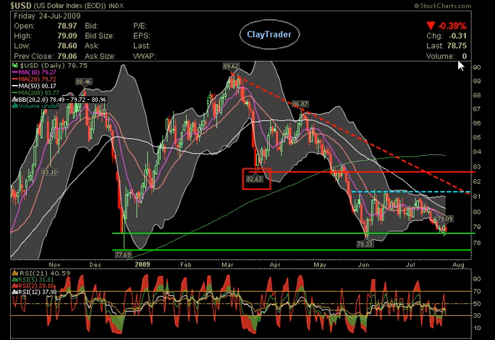Some companies' balance sheets will improve just because they are dependent on foreign goods, imports, exports, etc. So a falling dollar is not bad all the way around. It does help some companies out.